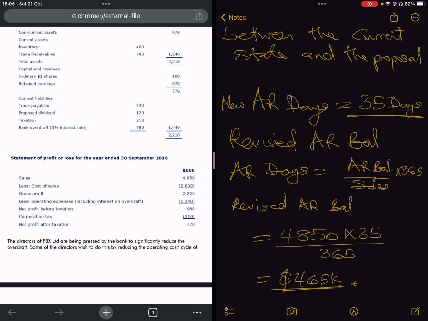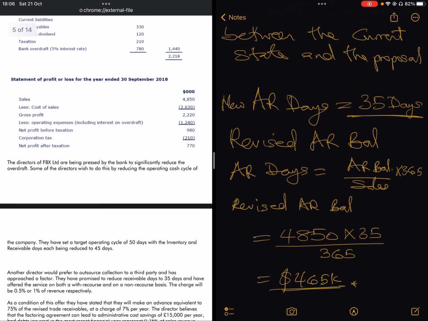Even the overdraft of 780, because remember I told you, you always need an overdraft equivalent to the amount of your receivable. That should always be your assumption, even if it doesn't look obvious in the question. You must always assume that a company will need the same amount of overdraft as the account receivable balance that it has not been able to collect.